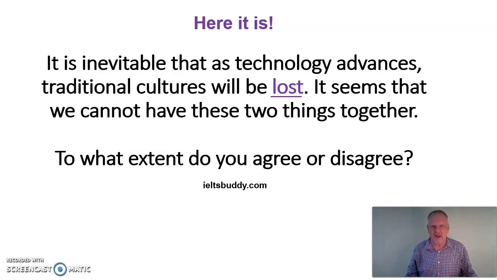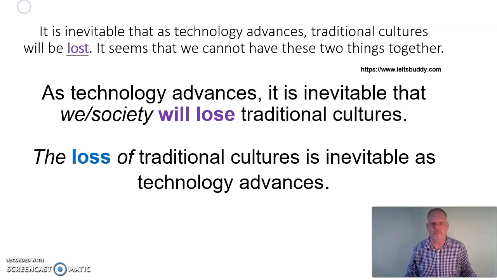This sentence says, traditional cultures will be lost. We don't know who will lose them. So we could rephrase it as an active sentence and say, we will lose traditional cultures. So here are the 2 ways of paraphrasing the question using an alternative verb form or a noun.